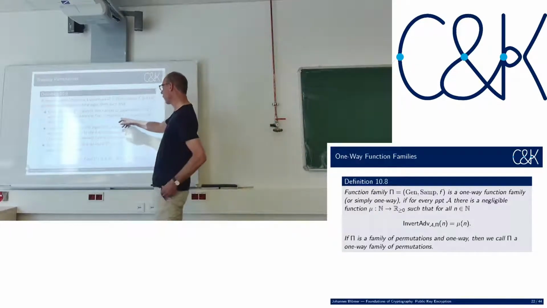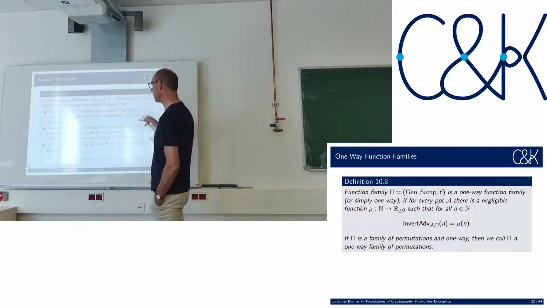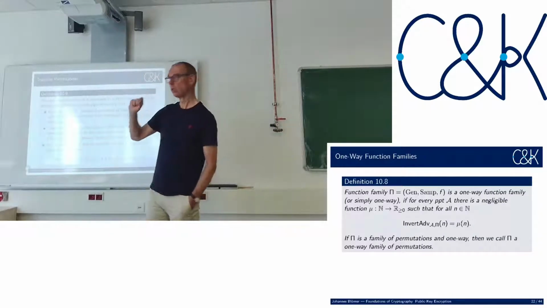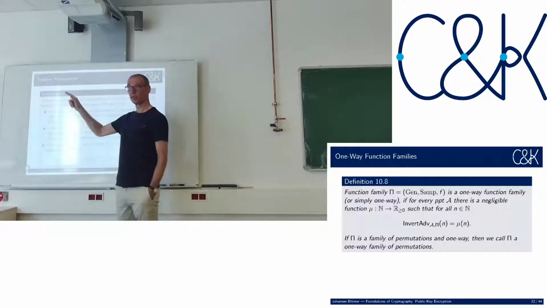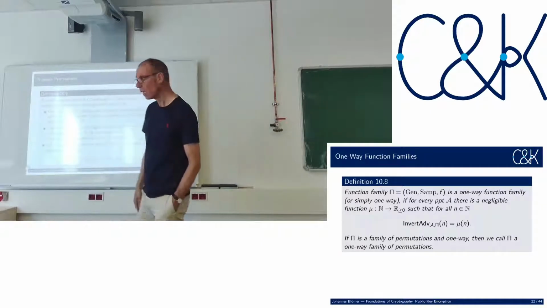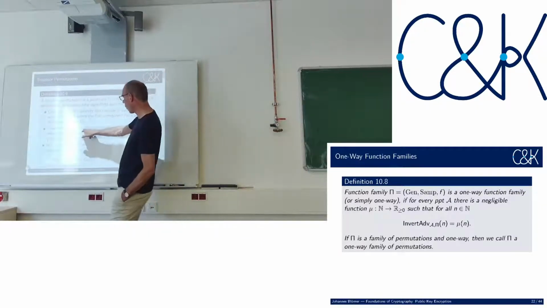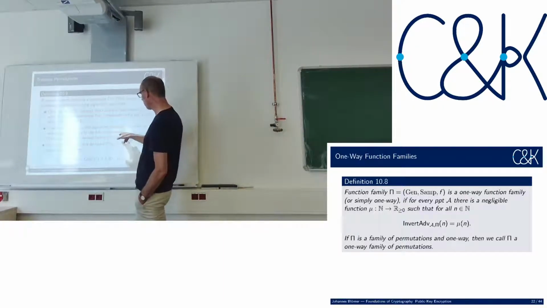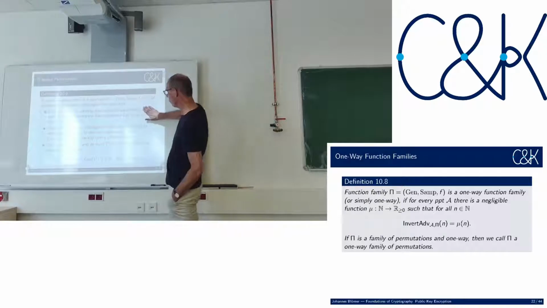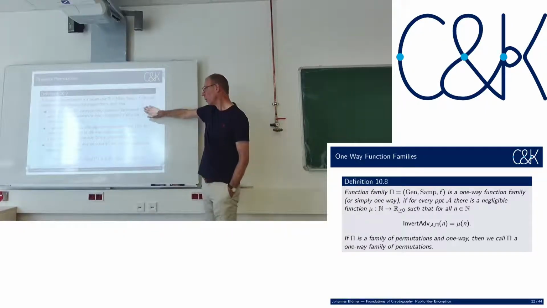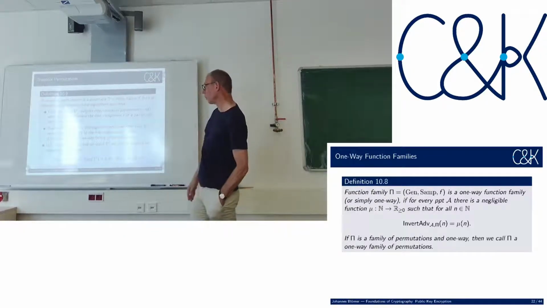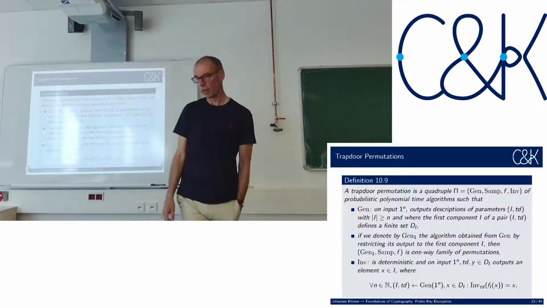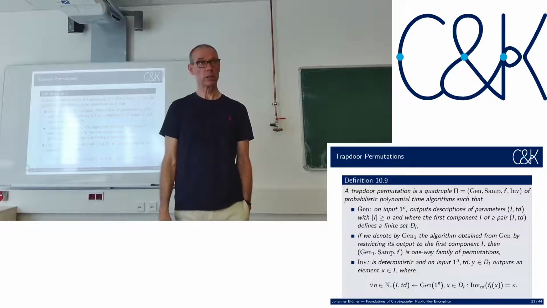The first component of the pair, I, defines a finite set D_I. We talk about permutations, so there will be no error. If we denote by Gen1 the algorithm obtained from Gen by restricting its outputs to the first component I, ignoring the other one here, then we require that Gen1, Sample, F is a one-way family of permutations.